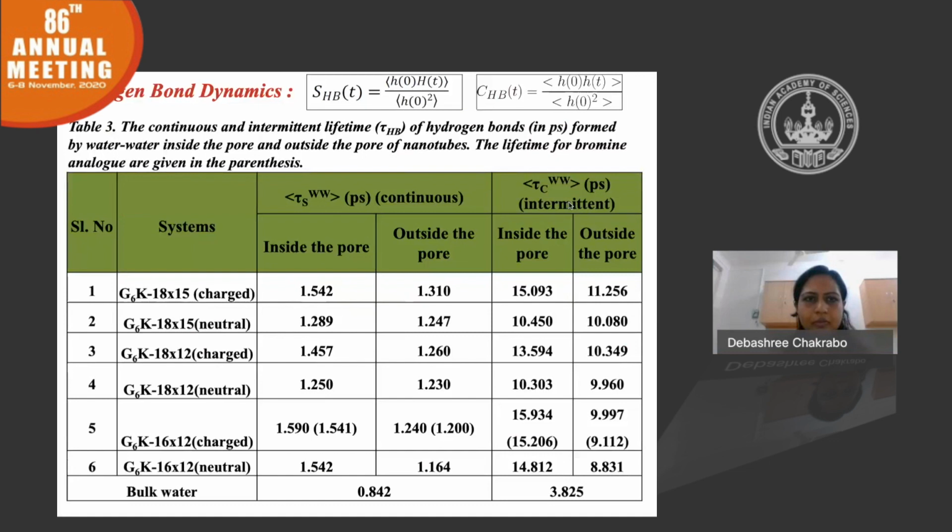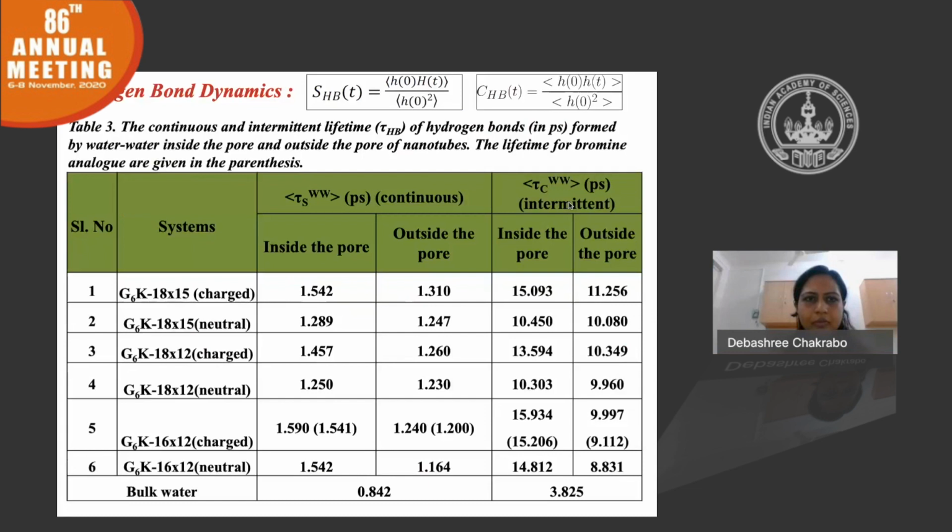And for that reason you can find that for 16 into 12 we have the highest hydrogen bond lifetime, and for 18 into 12 we have the lowest hydrogen bond lifetime, because 18 into 12 has a bigger pore and smaller height. So there the water can diffuse very easily, so the probability of getting water neighbors is more.